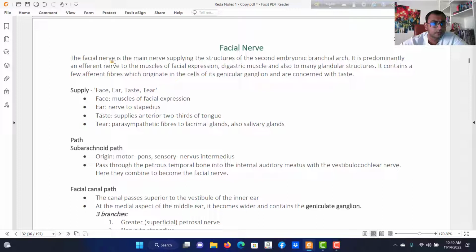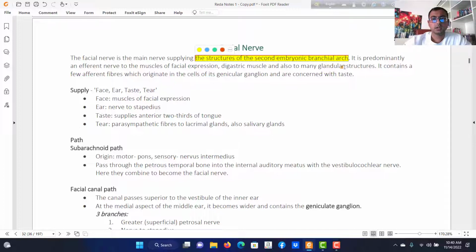Now the facial nerve. The facial nerve is the main nerve supplying structures of the second branchial arch. It is predominantly an efferent nerve to the muscles of facial expression, the digastric muscle, and also many glandular structures.